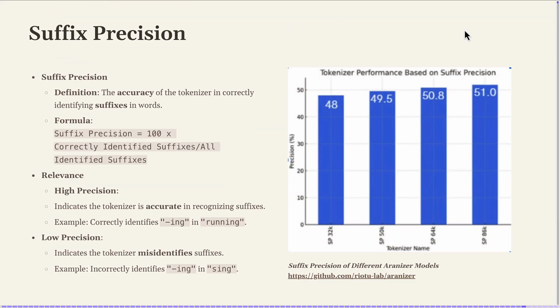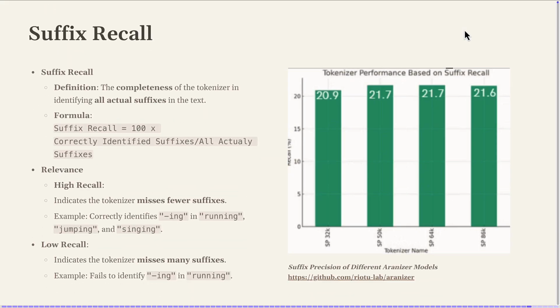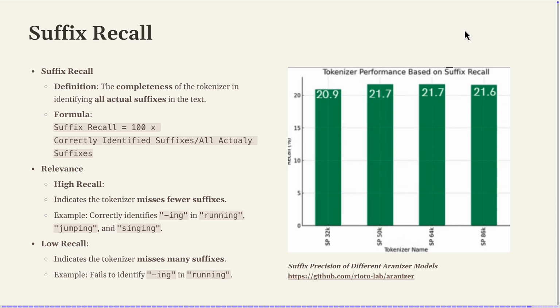Suffix precision. We have suffixes and prefixes. It's the ability, or the accuracy, of the tokenizer in correctly identifying suffixes in the word. It of course has a relationship with the root. 68K was able to identify better because the division was made based on these roots. And of course you know the difference between precision and recall, so we can also measure the recall.